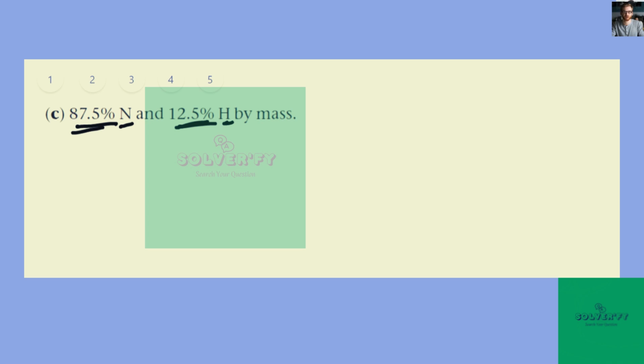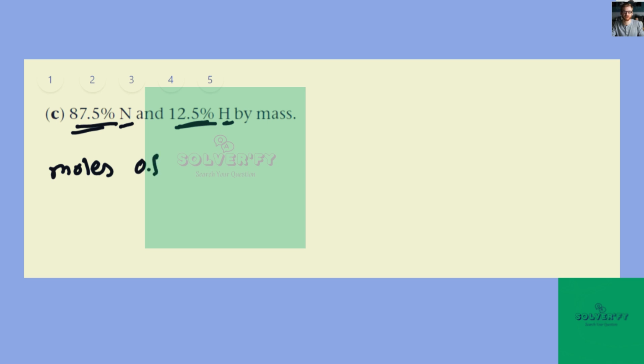And then again we will find out the number of moles for each element, and then we will divide those numbers of moles by the smallest value, and from there we will find out the ratio of the elements. So let's find out the number of moles.